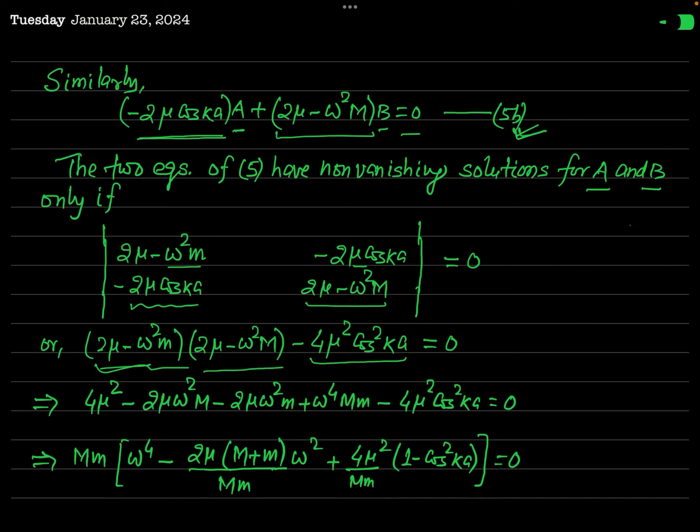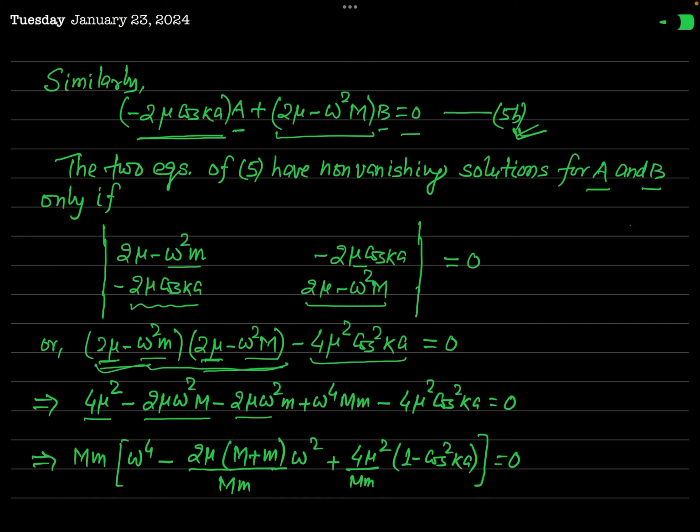Now let us multiply the first two factors in LHS. So this will be 2 mu times 2 mu. This will be 4 mu square. Again 2 mu times minus omega square capital M. So this is minus 2 mu omega square capital M. Okay. Now minus omega square m times 2 mu.